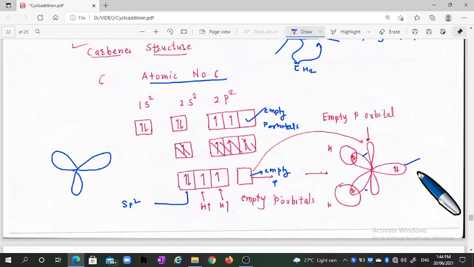In carbene, there are two hydrogens. Therefore, at the first lobe one hydrogen is combined, at the second sp2 orbital the second hydrogen is combined, and the third sp2 hybrid orbital shows these two electrons, and this is the empty p orbital.